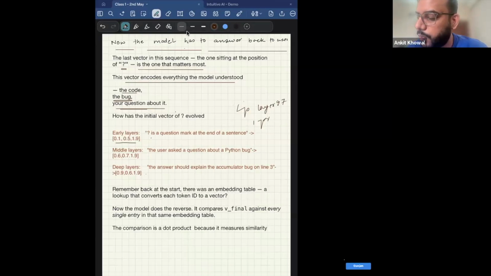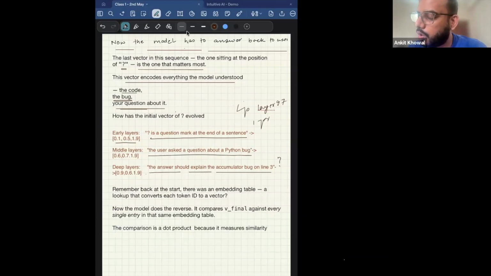It has just this simple understanding that a question mark is just a question mark at the end of a sentence. Then it went through transformations, and in the middle layer, it understood the user asked a question about a Python bug. And then after the 96th layer, or whatever layers are present in the transformer, it will have an understanding: the answer should explain the accumulator bug on line 3.